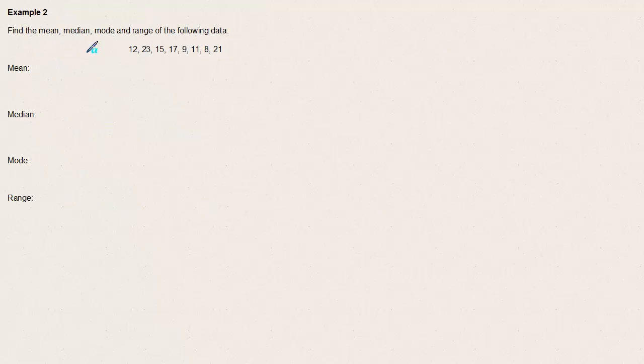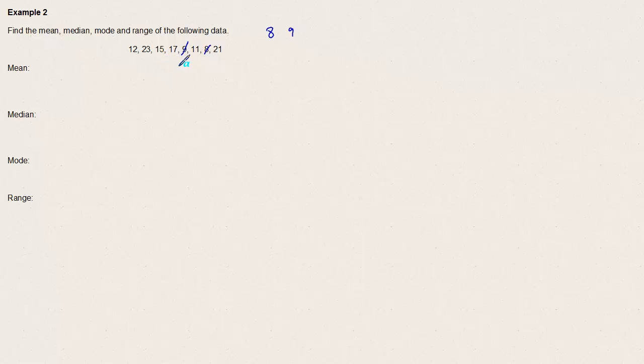Find the mean, median, mode and range of the following data. Now we can see this isn't in order. We don't need it to be in order for the mean, but it helps with the median and the range in particular. So let's put it in order before we start. So the smallest piece of data is an 8. Then we have a 9.